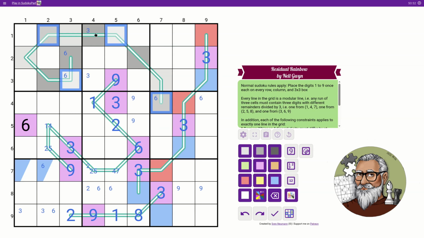No, because this one could be 3, right? Though it means one of these is a 6, right?